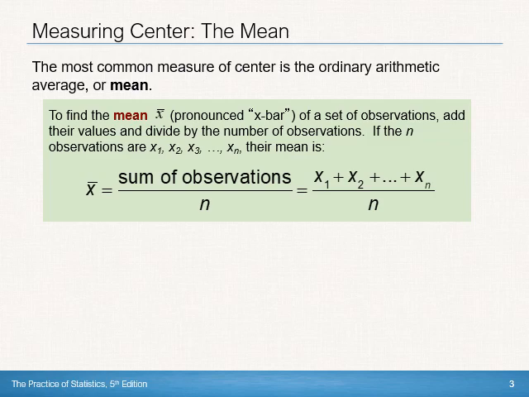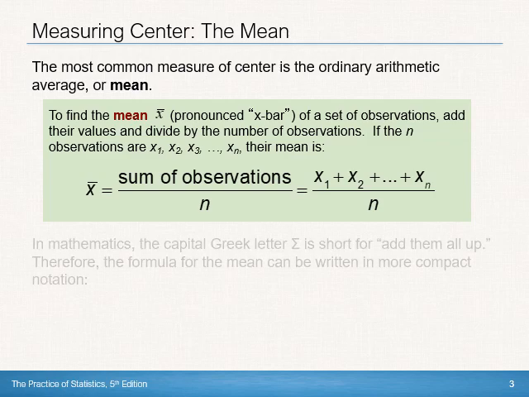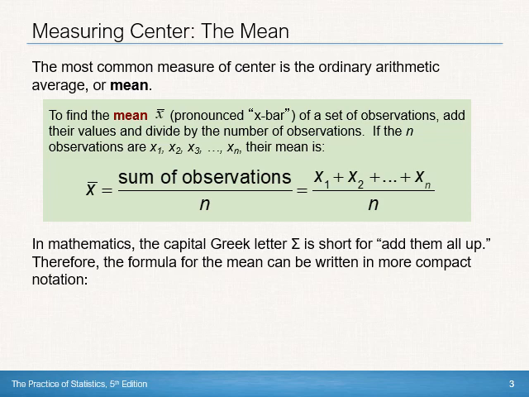So small n, the number of data values, and x sub 1, x sub 2, all the way up to x sub n would simply be the individual data values that the variable takes on in all of our data. If you remember from Algebra 2, when we talked about series, we use a capital Greek letter sigma to indicate that we're doing a summation.